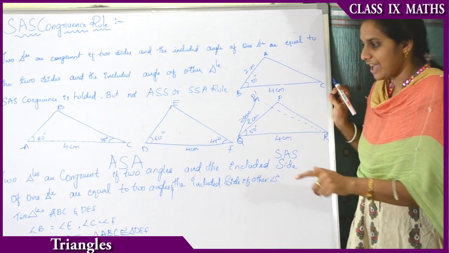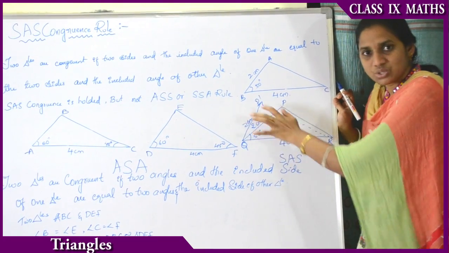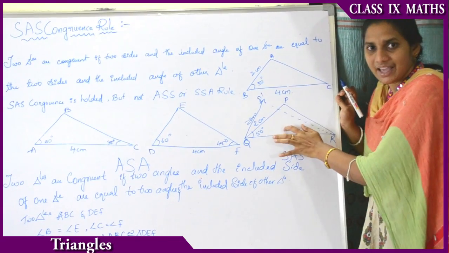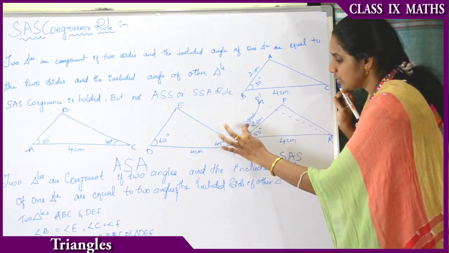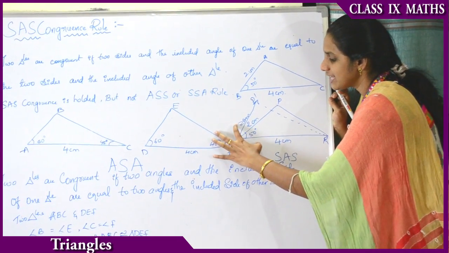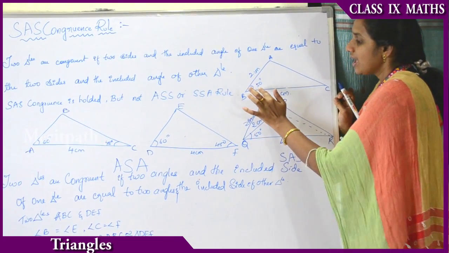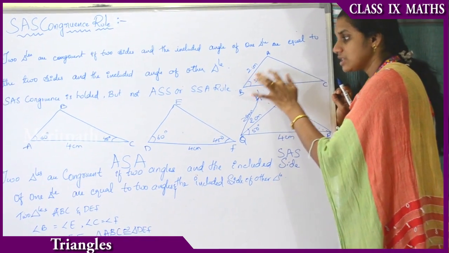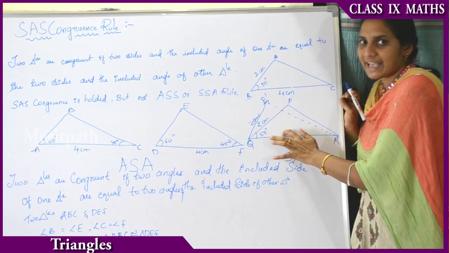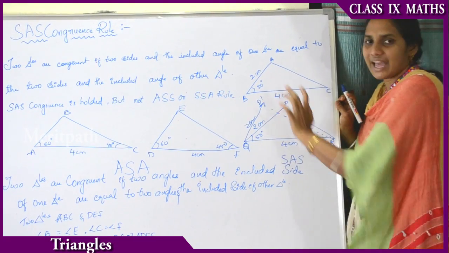At the same time, along with these two sides being the same, the included angle between these two sides, that is here, see, the angle 50 degrees, should also be common for these two triangles in order for them to become congruent.